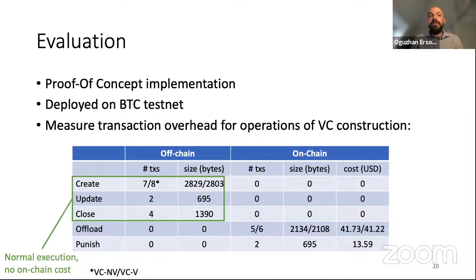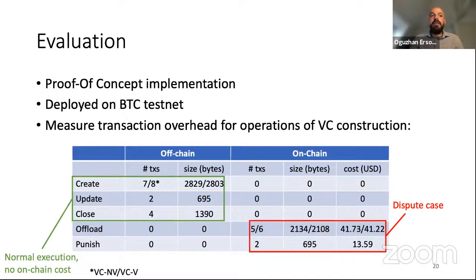And only if there's a dispute in the system, we have the offloading and punishment transactions, which cost around $40 US. And these numbers are taken during the submission of the paper. Currently, I believe that it's around $70.